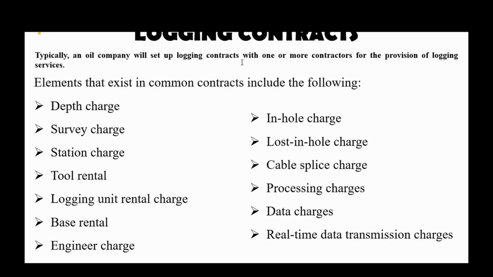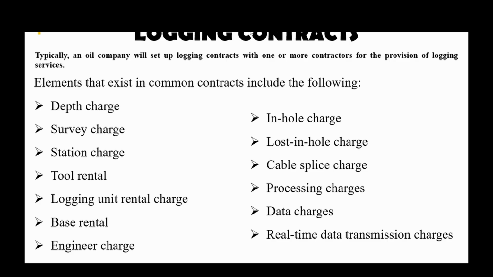Here, these contractors will give some sort of specifications, some terminologies, some things which should be commonly present. Those are the depth charges, maybe for 1 meter, 10 meters, or 20 meters.